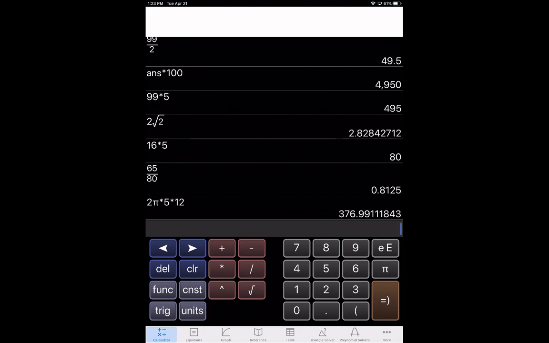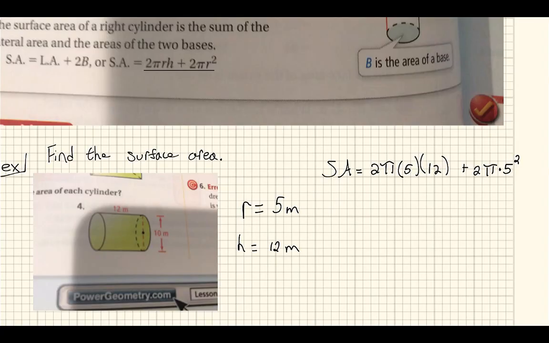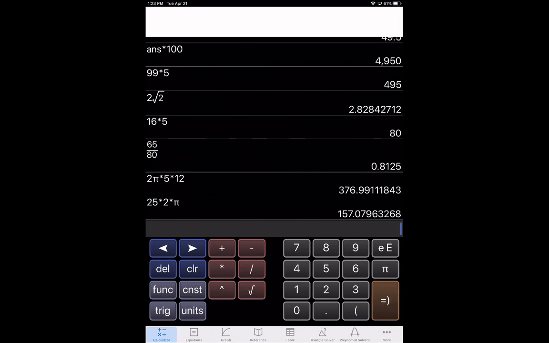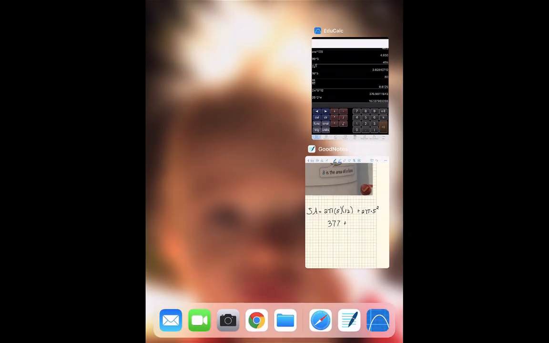I have a 376.99. We'll just say that's 377. Plus what is 2 pi r squared? 5 times 5 is 25 times 2 times pi gives me 157.1.